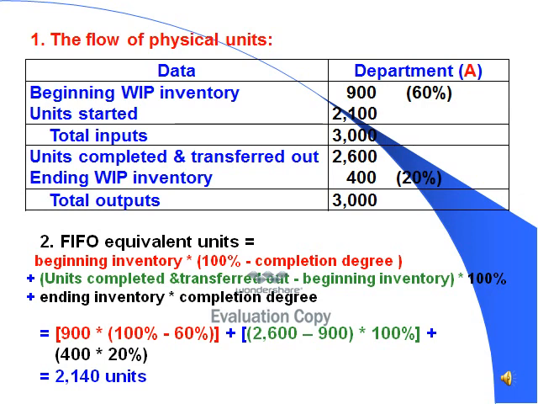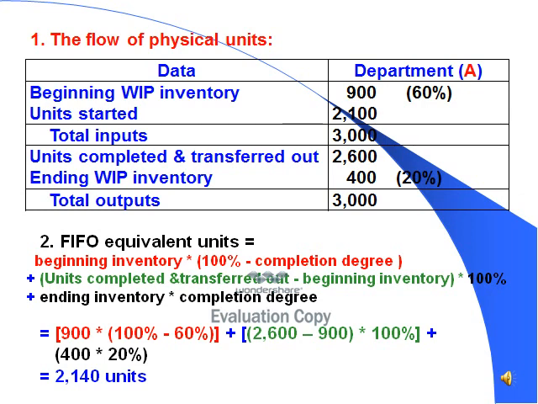Step number 2. FIFO equivalent units equal beginning inventory times (100% minus completion degree) plus (units completed and transferred out minus beginning inventory) times 100% plus ending inventory times completion degree.